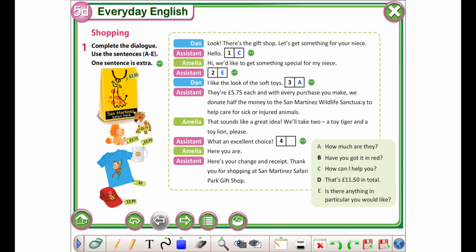We'll take two, a toy tiger and a toy lion, please. What an excellent choice. That's $11.50 in total. Here you are. Here's your change and receipt. Thank you for shopping at San Martinez Safari Park gift shop.